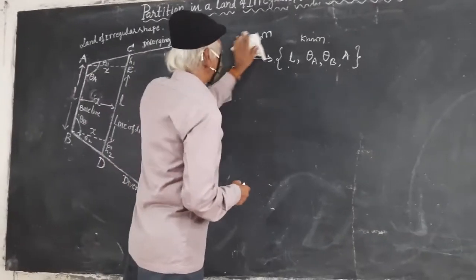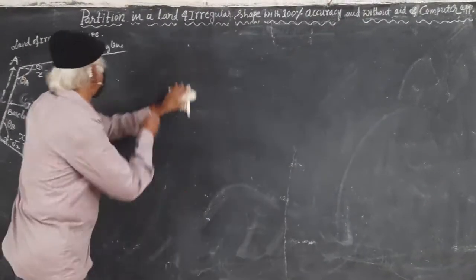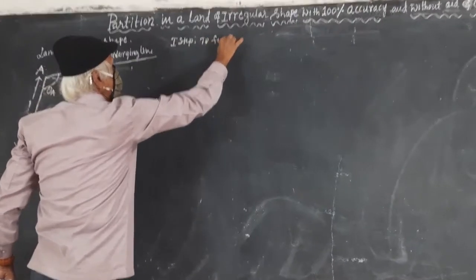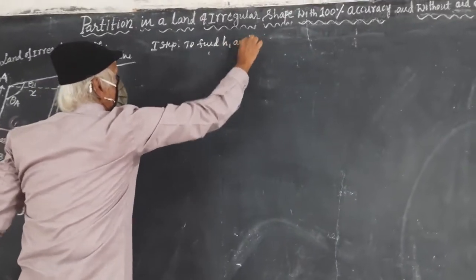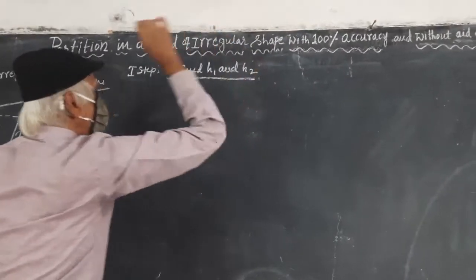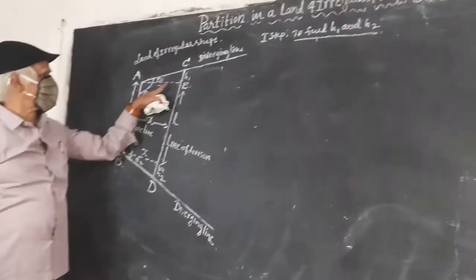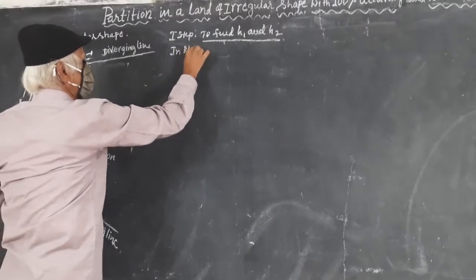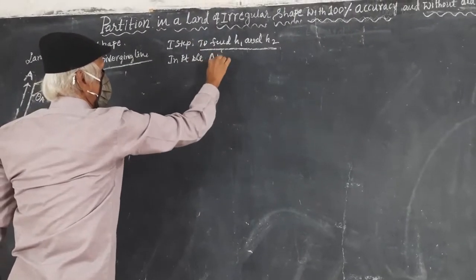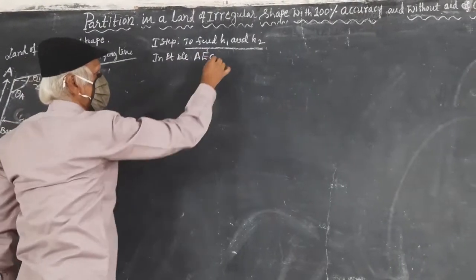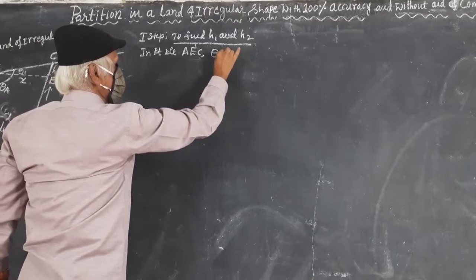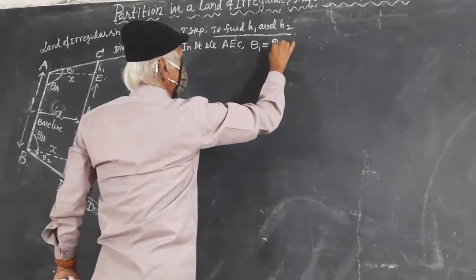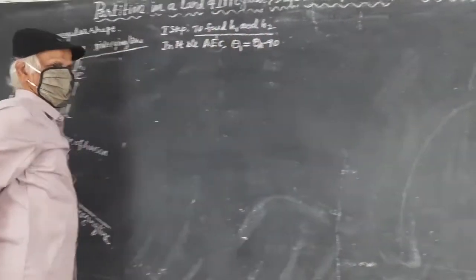So, the first step is to find H1 and H2. So now, in upper right angle triangle AEC, theta 1 is equal to, since AE is perpendicular, theta A minus 90 degree.